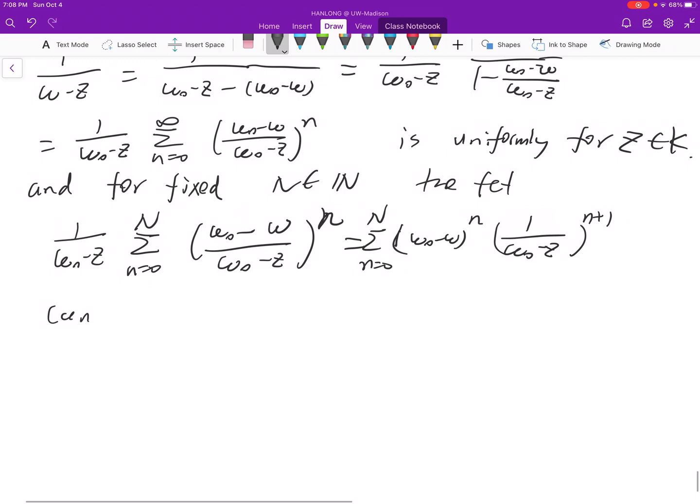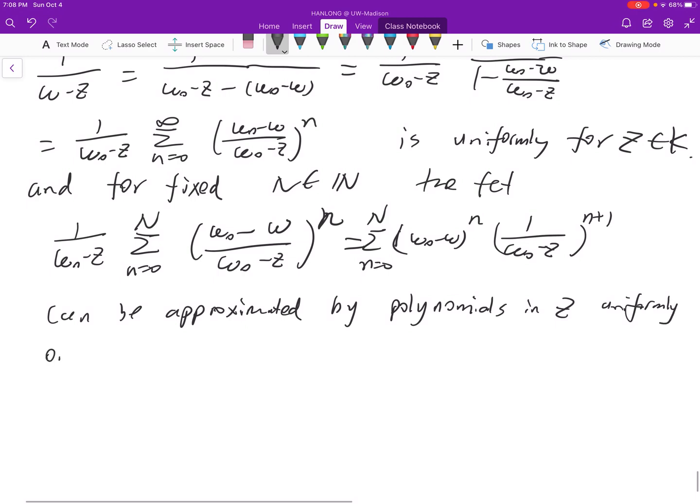So this can be approximated uniformly by polynomials in z on K. Because of the assumption, 1 over (omega_0 minus z) can be approximated. Therefore its product is also approximable.